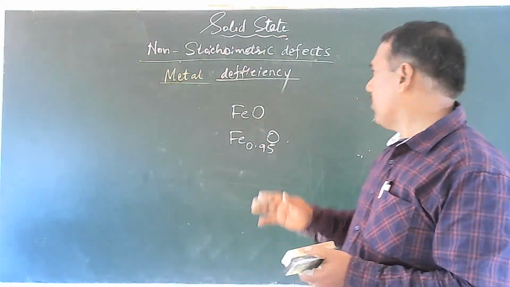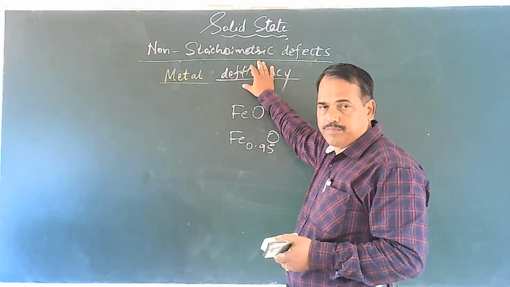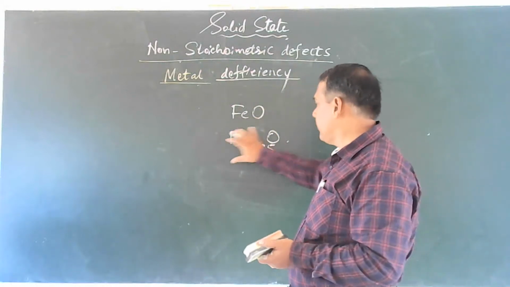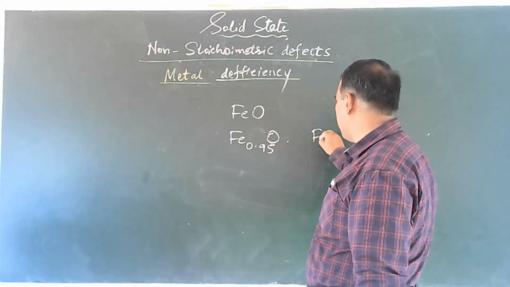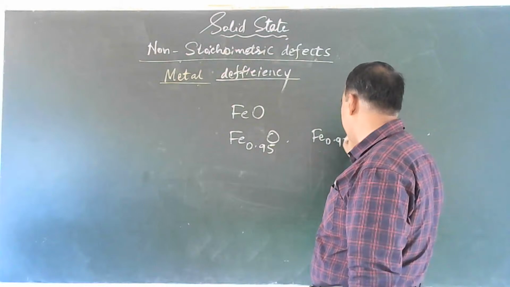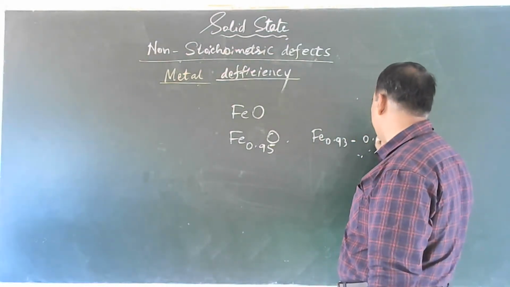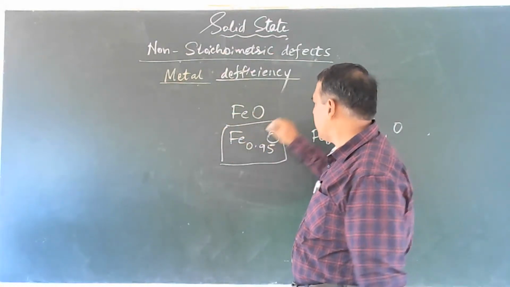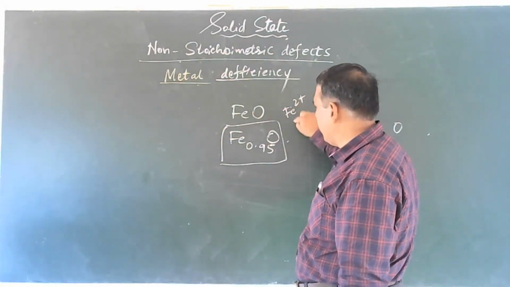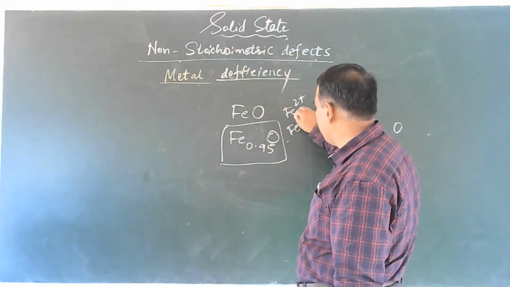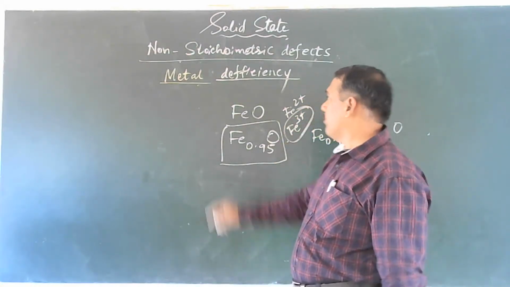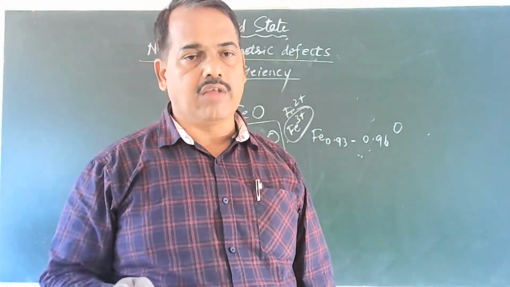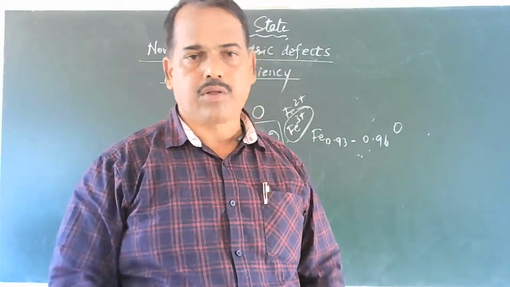This type of defect is called metal deficiency defect. What is the example for metal deficiency defect? Iron oxide. It may range from Fe0.93O to Fe0.96O. Some of the Fe2+ cavities are filled by Fe3+. Therefore, it is called metal deficiency. Are you clear? There are metal excess as well as metal deficiency defects.